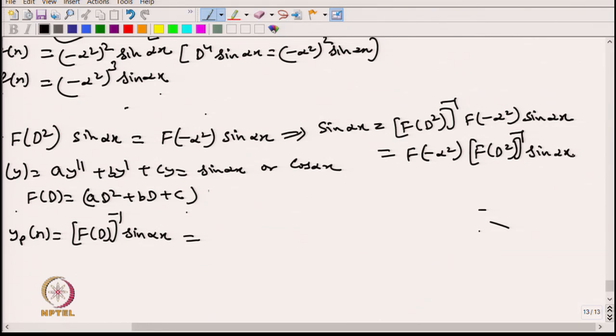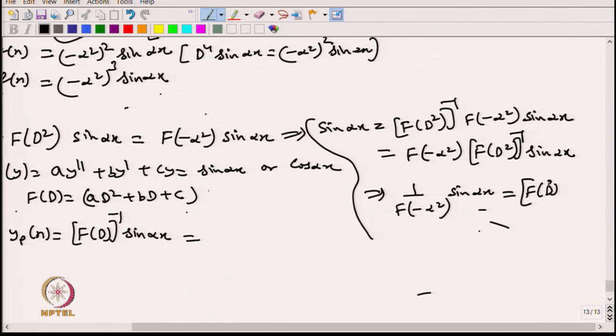And from here I can write that 1 over f of minus alpha square times sin of alpha x is equal to sin of alpha x, provided my f of minus alpha square is not equal to 0. So, that is the condition.